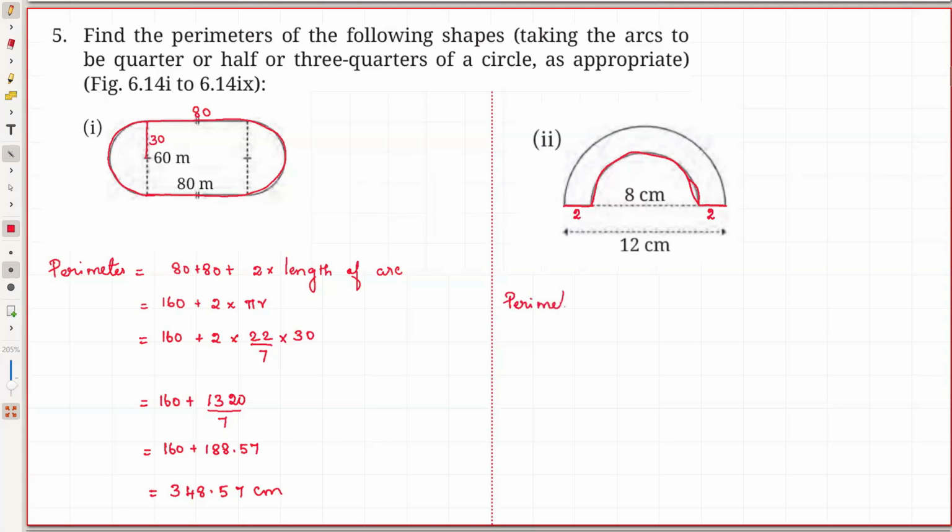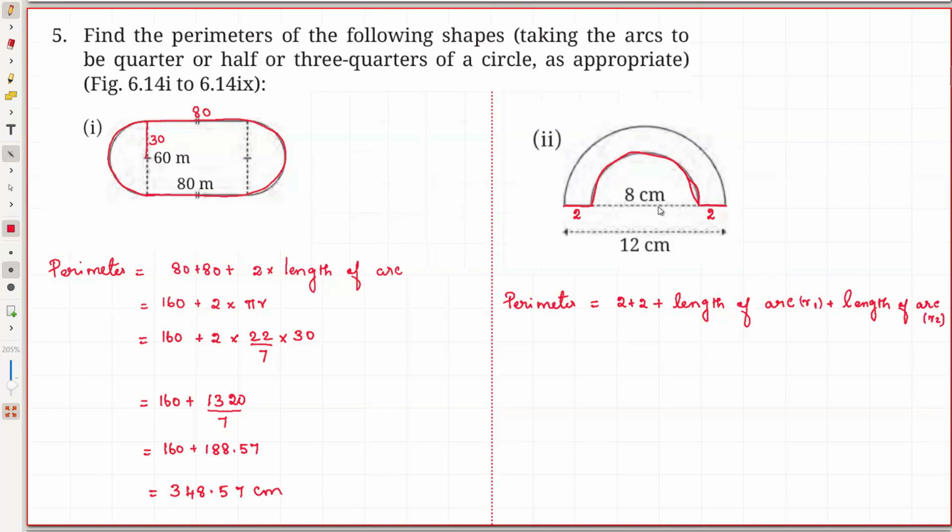So perimeter is equal to 2 plus 2 plus the length of arc 1 with radius R1, plus the length of arc 2 with radius R2.